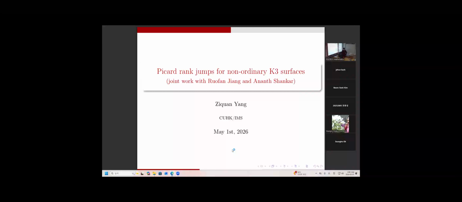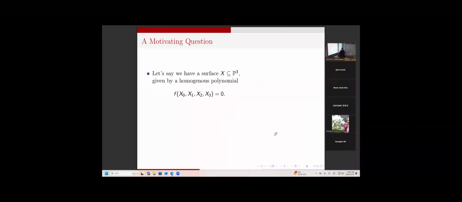Okay, since this is a colloquium talk, let me start with something very classical. This is a question that can be considered by the ancient Italian school of algebraic geometers. Say you take a surface in P3, which is given by some homogeneous polynomial in 4 variables. How to find curves on the surface?